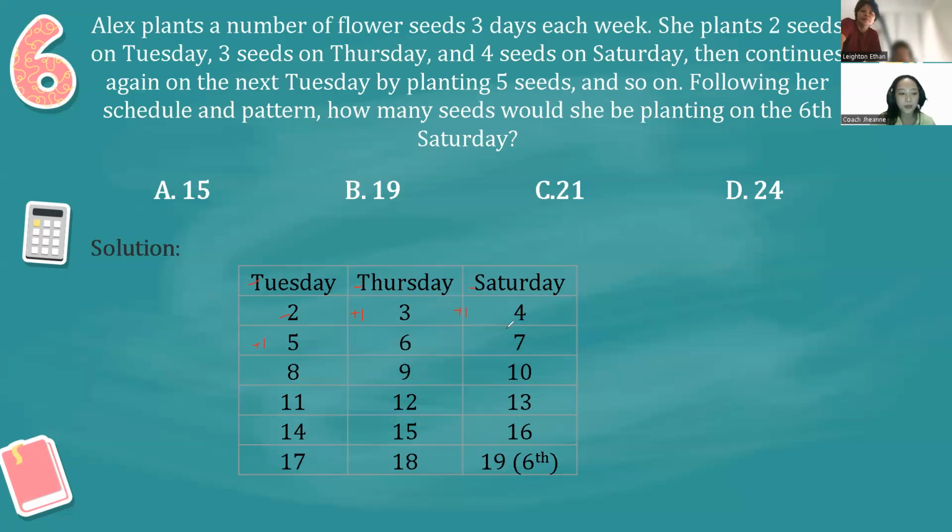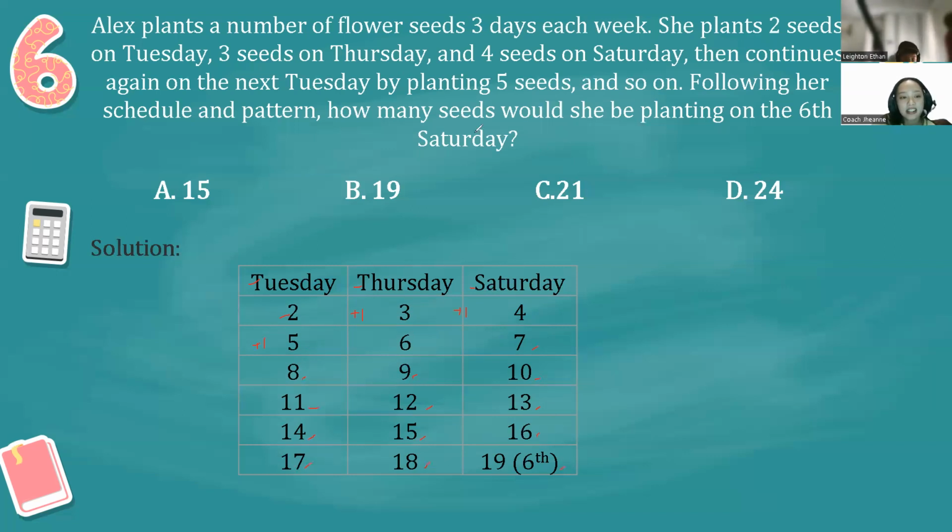And then for the next week, on Tuesday, we have 5, and then 6, 7. Then the next week again, in the third week, 8, Thursday 9, Saturday 10, and the fourth week, 11, 12, 13, fifth week, 14, 15, 16, and on the sixth week, 17, 18, and 19.